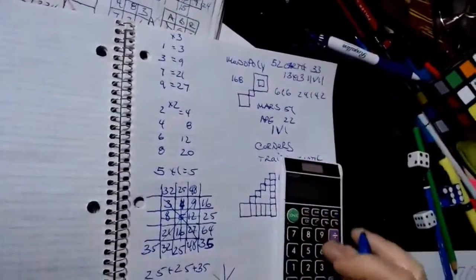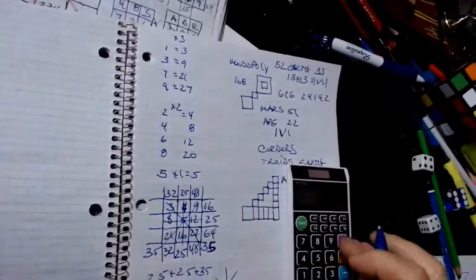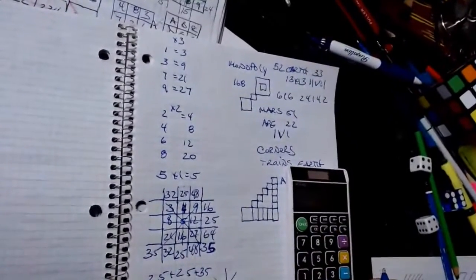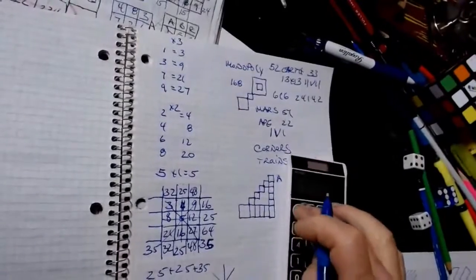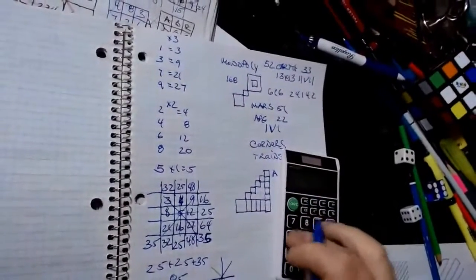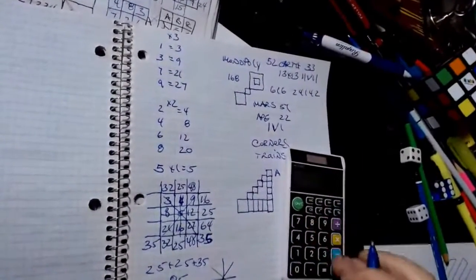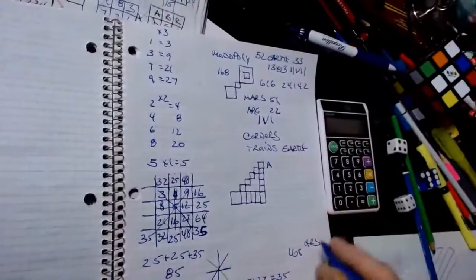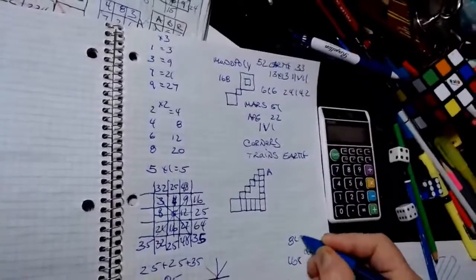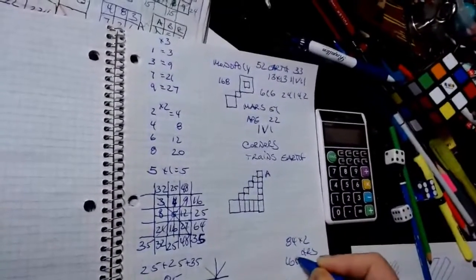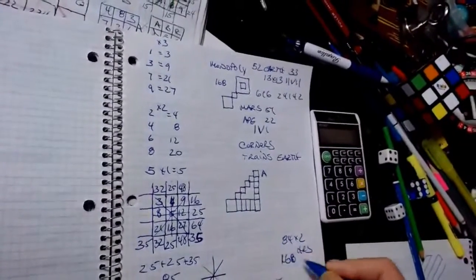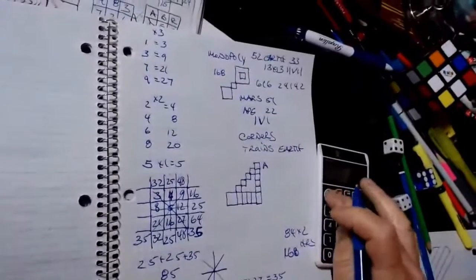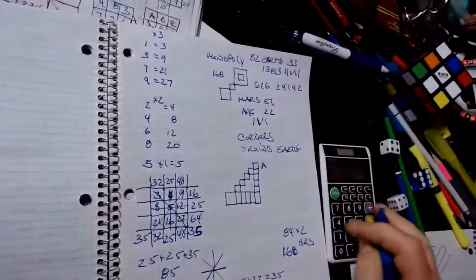So what is that? 864 divided by 168. We come from Pluto number 84, so it's 2 times 84. I'm just trying to remember where that 168 fit into the.